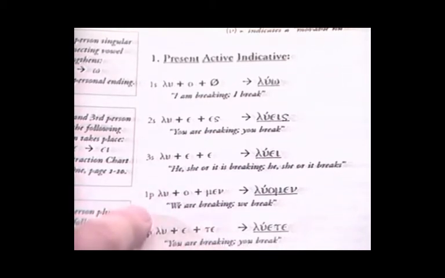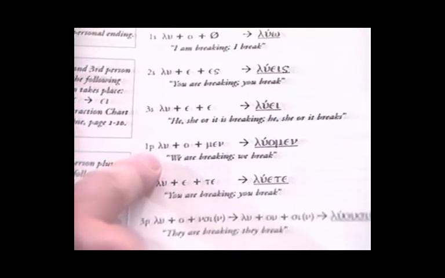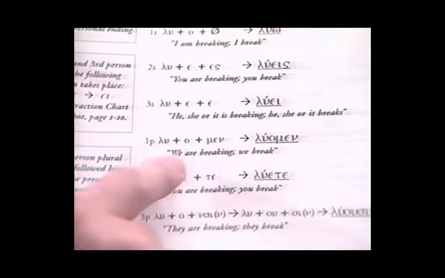Look at the first plural. Again, we have our verb stem lu, to which we add an omicron connecting vowel, and to that we add our first plural active ending, men, which means we. We put that together, and the resulting form is luomen, luomen, and that would be translated, we are breaking, or we break.